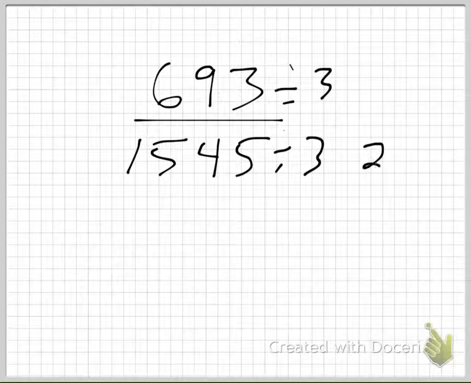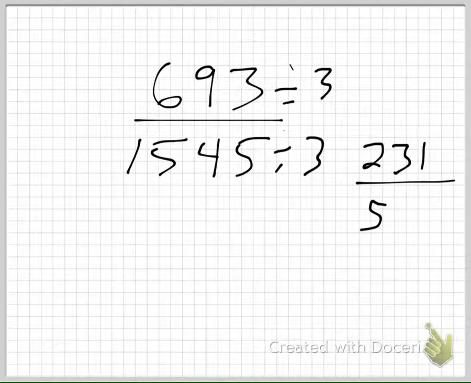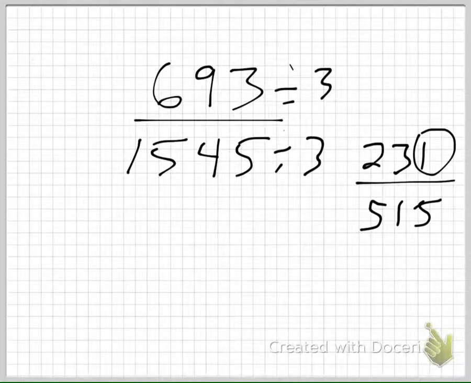That would be 231 over 515. Okay? Can I reduce this anymore? Let's see. Is that a 2, 5, or 10? No. Then that's not it. Are these both even? No. What about 3? Is 231 divisible by 3?